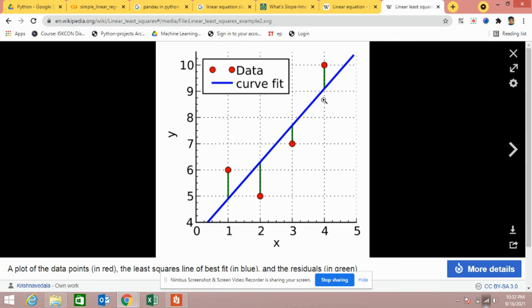And when we talk about least squares, the sum should come out the lowest. So the line which holds the lowest sum is going to give me the linear equation. So that's how we go for interpolation of the line with the given data.